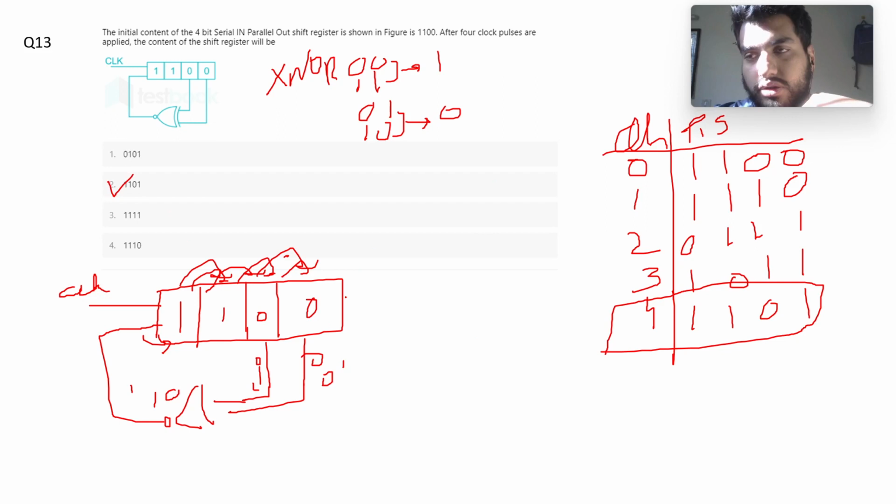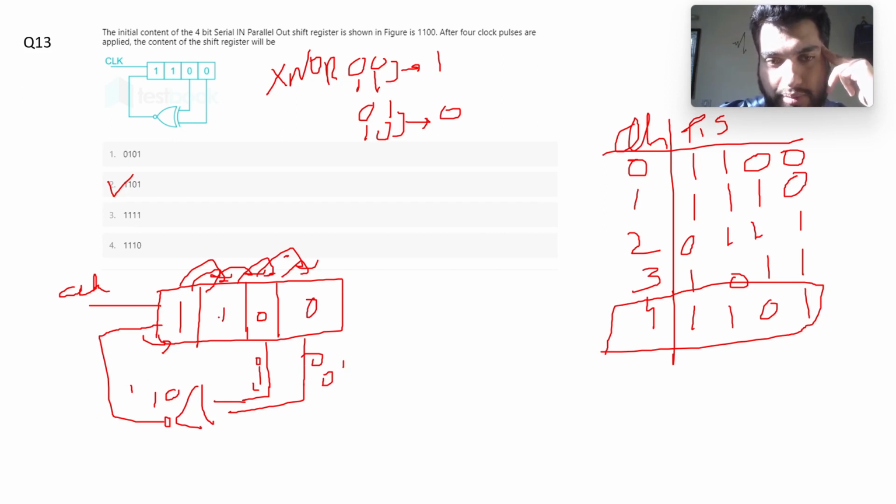Since no one is in the meeting room, let me just repeat. Initially the contents of this serial in parallel output register were given as 1100, and the third and fourth outputs are XNORed and given back as serial input. We need to find the contents of the register after 4 clock pulses. When clock was 0, the present state was 1100, and the 0 and 0 are XNORed, giving output 1.